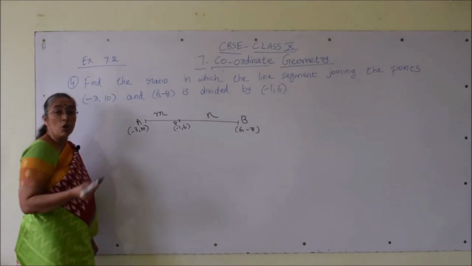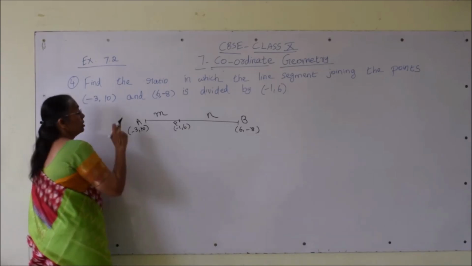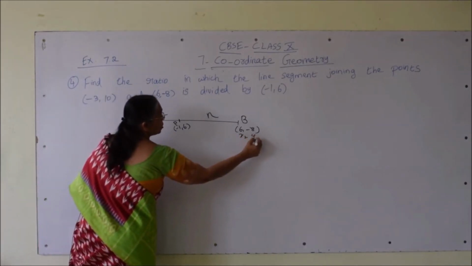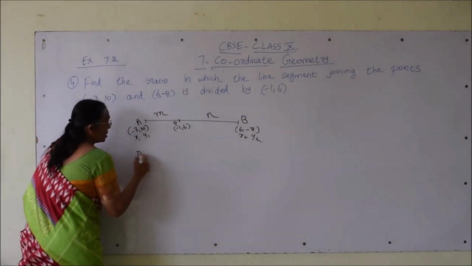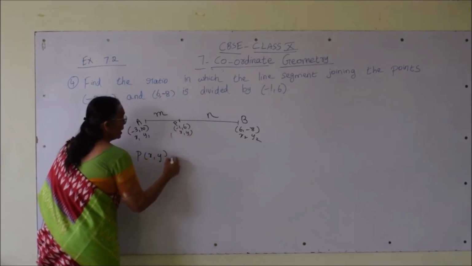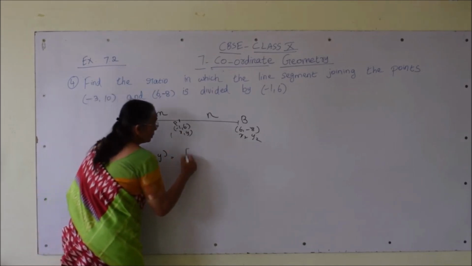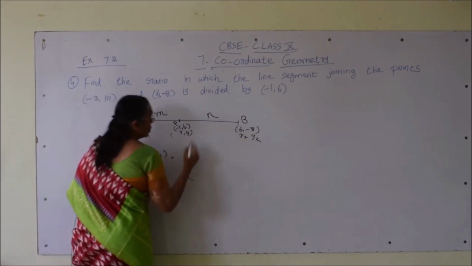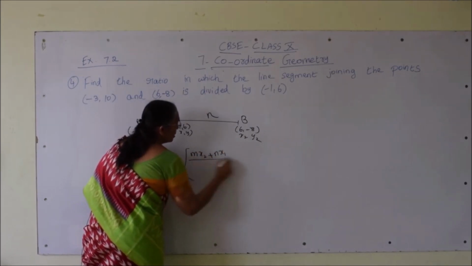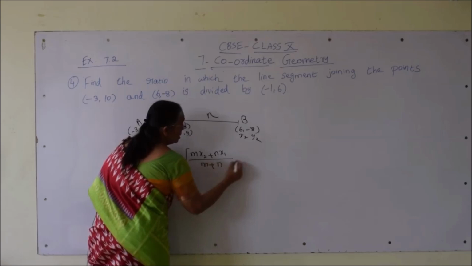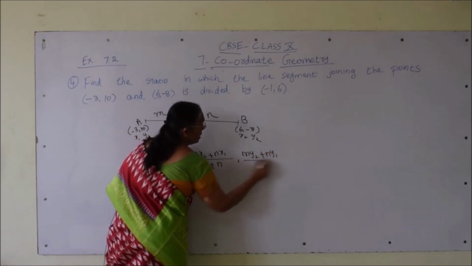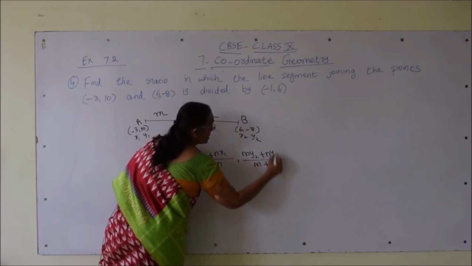Then we know the section formula: if this is x1 y1 and this is x2 y2, then the point P, x comma y, is (mx2 plus nx1) divided by (m plus n) comma (my2 plus ny1) divided by (m plus n).